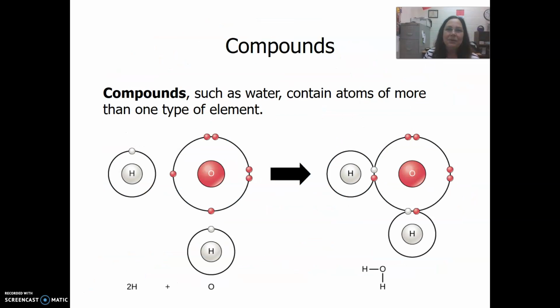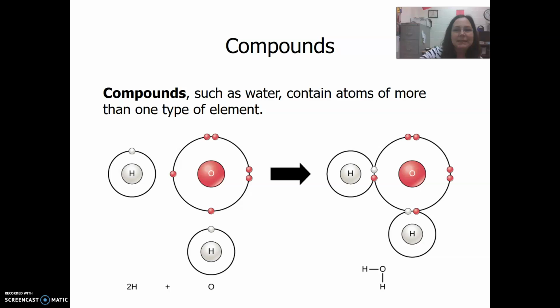So this is an example of a compound that you probably recognize, water, and it shows you how the electrons are shared, so I'm glad for that. Hydrogen has one electron, period. It doesn't just have one valence electron, it only has one electron. It's got an atomic number of 1, meaning it has one proton, so it only has one electron. So it needs 2 in its first energy level in order to be stable.